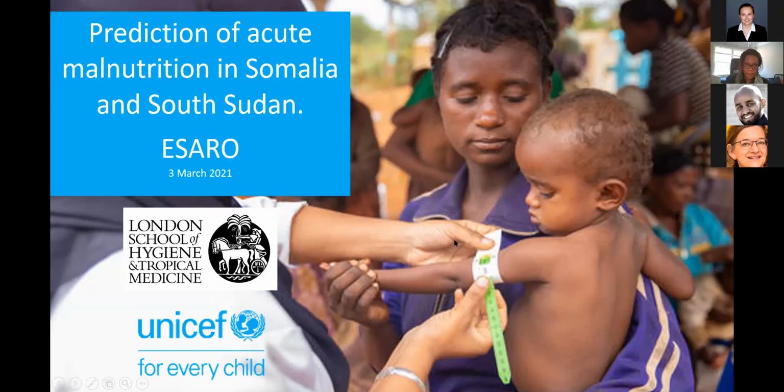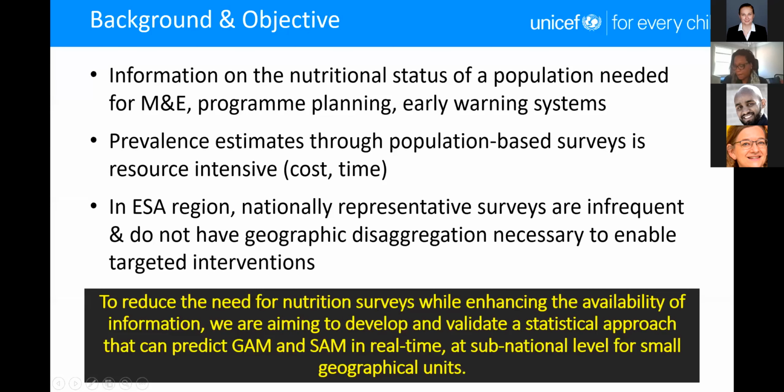Okay. So we thought that there was a need for this work in the region, and we thought that a model like this could be useful, especially in particular countries in the region where we do spend a lot of time and money carrying out surveys, which of course we need for monitoring and evaluation and for planning programs and responses and for measuring progress, as well as for early warning systems and situation analysis.